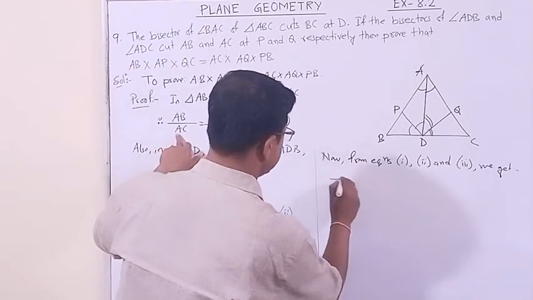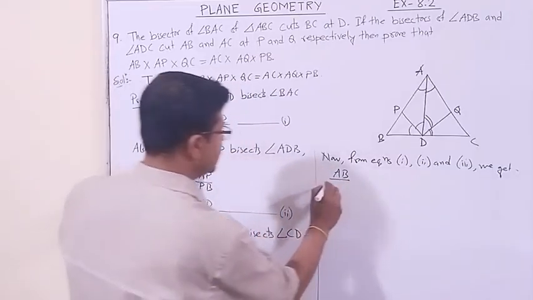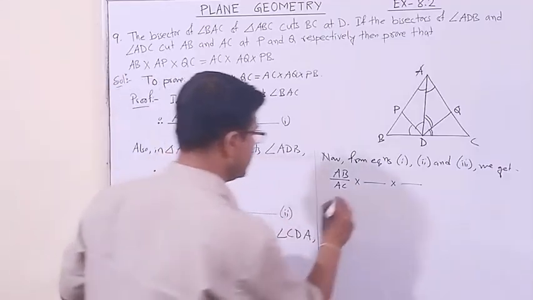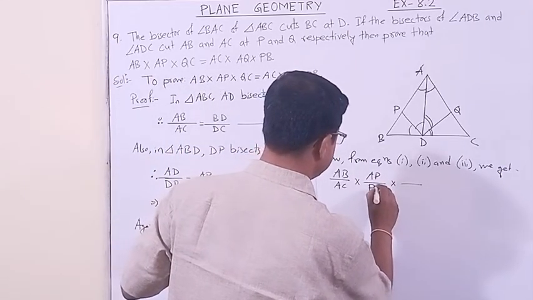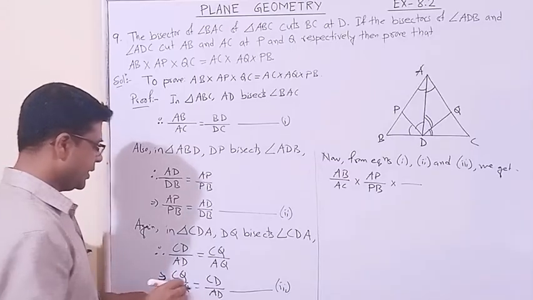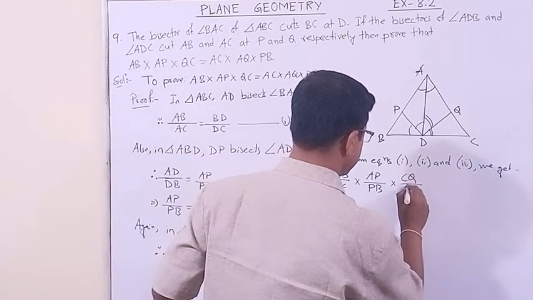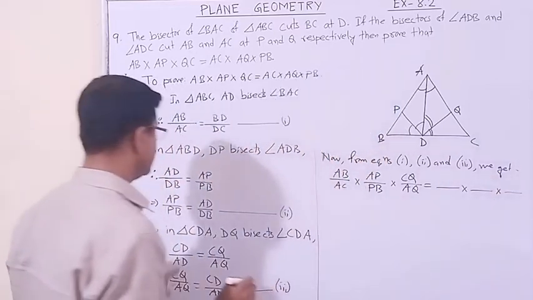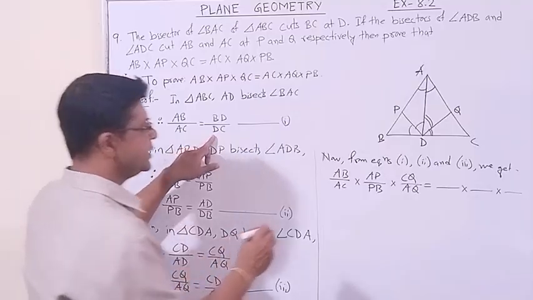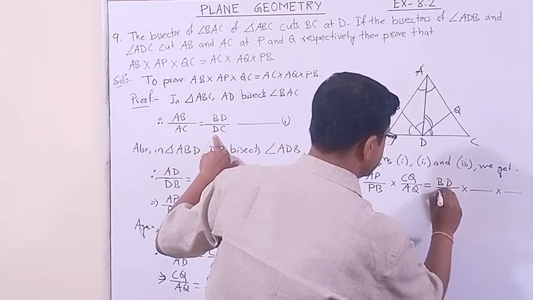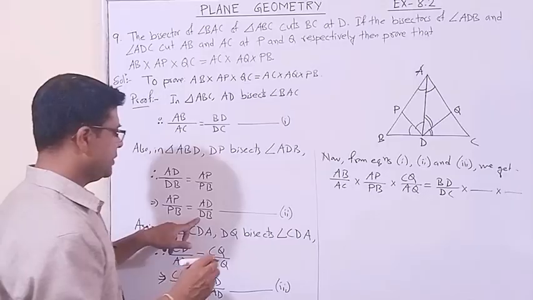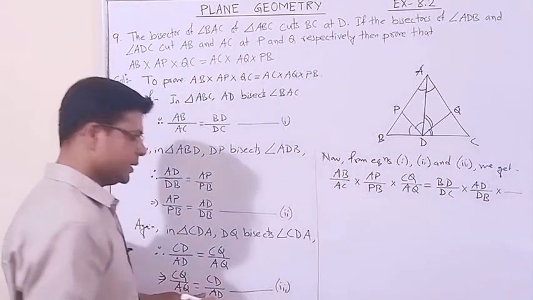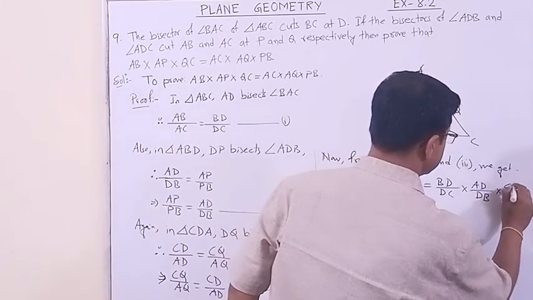That is AB by AC into AP by PB into CQ by AQ is equal to the multiplication of three ratios. What are the ratios? First ratio, BD by DC. Next ratio, AD by DB. Next ratio, CD by AD.